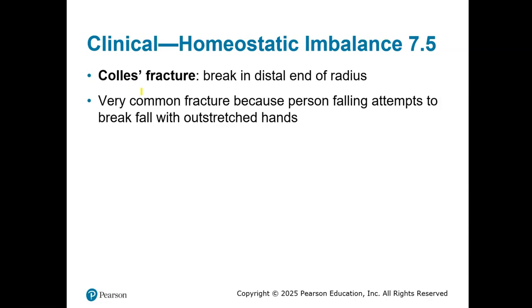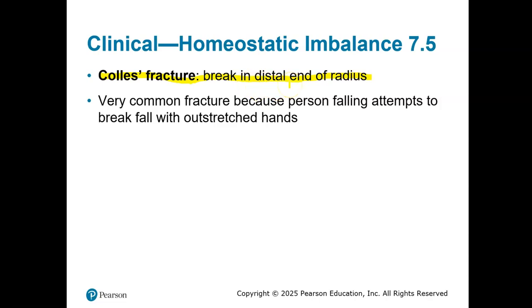The homeostatic imbalance tells us about the Colles fracture, which is a break in the distal end of the radius. That means the end closest to your hand. The proximal end of the radius is closest to the elbow, but the distal end is closest to your hand.